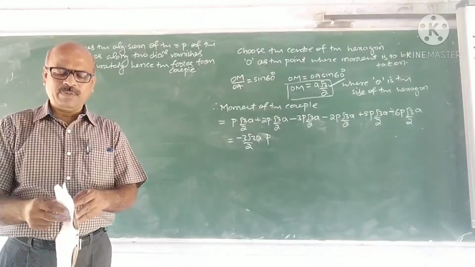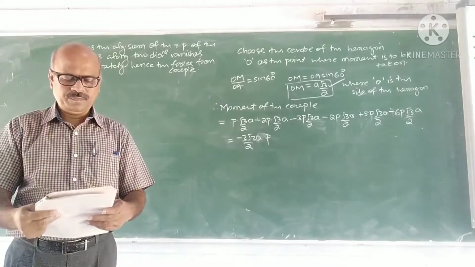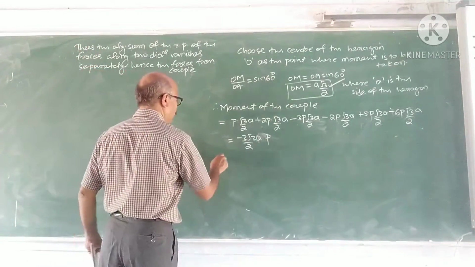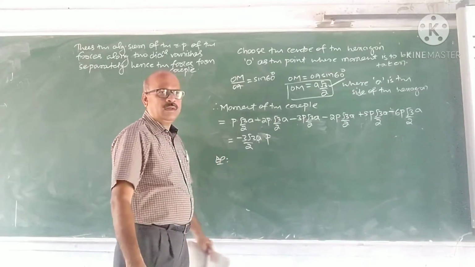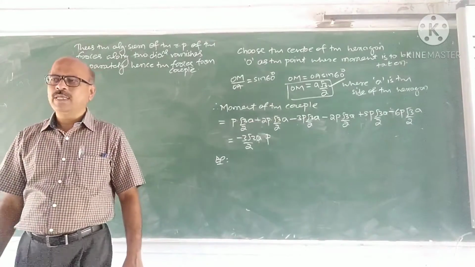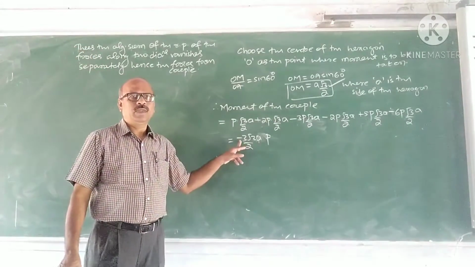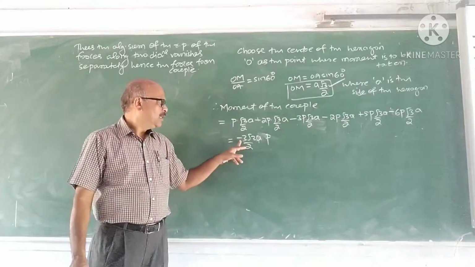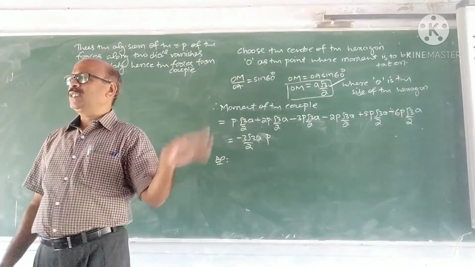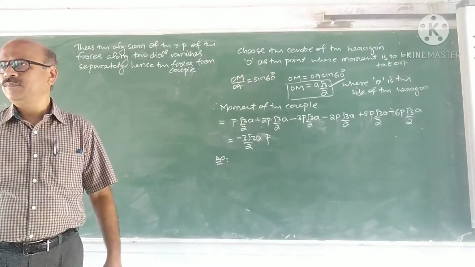You can expect this type of problem. What does the minus sign indicate? You take the absolute value for the magnitude. The minus sign indicates only the direction: the rotation is clockwise.